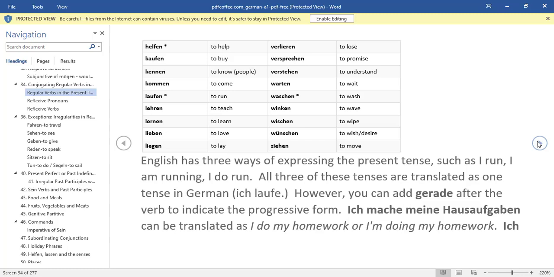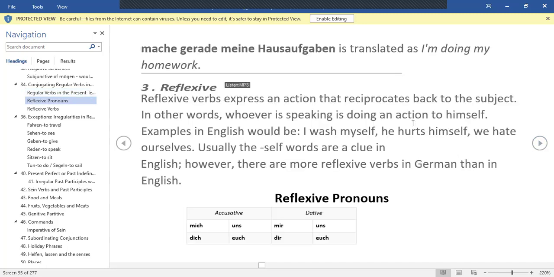Hausaufgaben is homework. So it's like direct translated. I do, ich mache, meine Hausaufgaben, my homework. Or it can be translated to I'm doing my homework. Then ich mache gerade meine Hausaufgaben is translated as I'm doing my homework, like right now. When you add gerade, you make it like in the moment, currently.